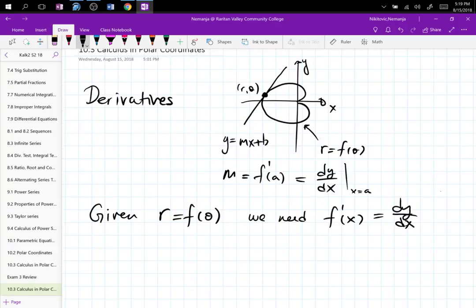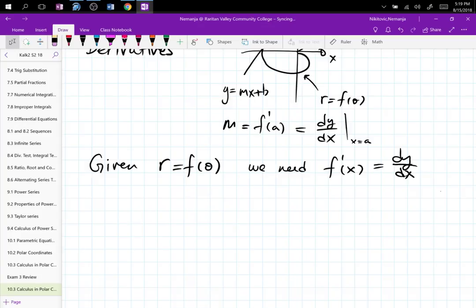So what do we know? Well, first off, we know that x is given as r cosine theta, and we also know that r is a function of theta. And we also know that y is equal to r sine theta.